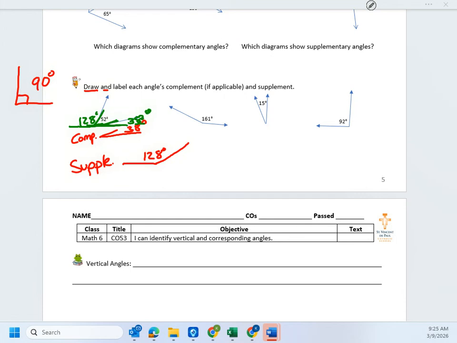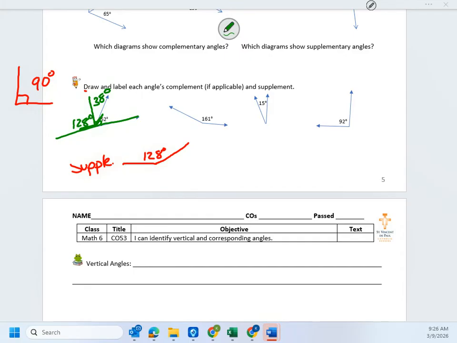Actually, I drew that wrong. We would take it this way, that straight line like this, and this would be that 90 degrees. So that's how we know that's 38 degrees. This would be the 128 degrees.